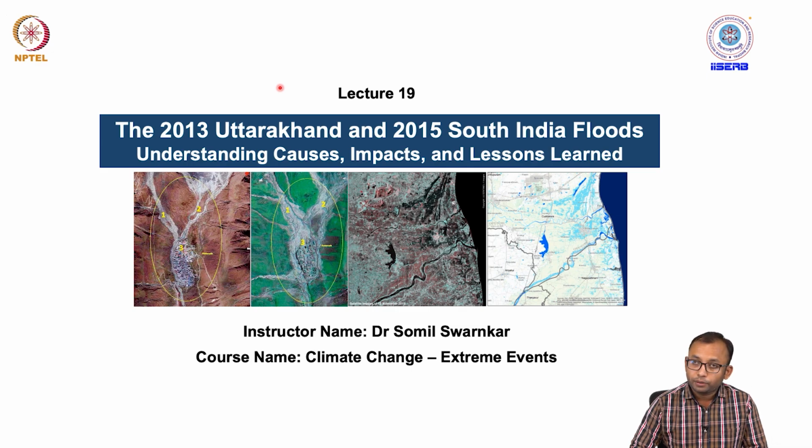Even large magnitude events can occur in a similar region or in different regions where the climatological, geographical or geological conditions are similar. So history is a clue to future events.